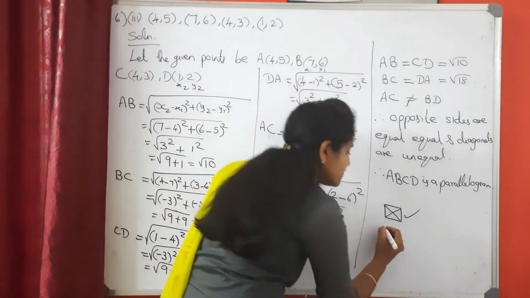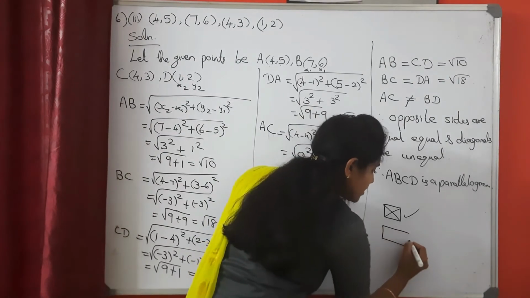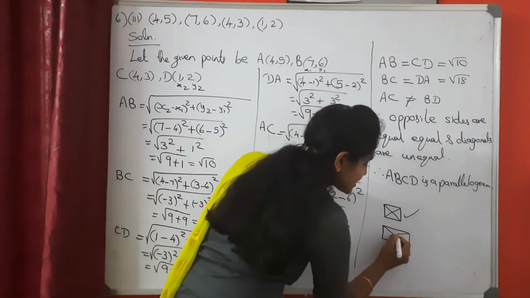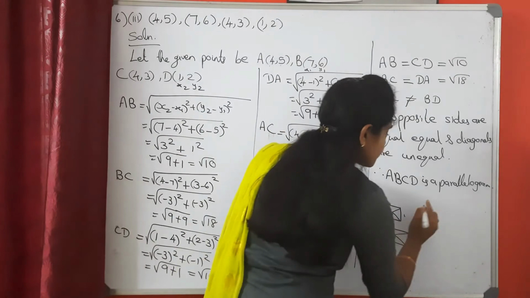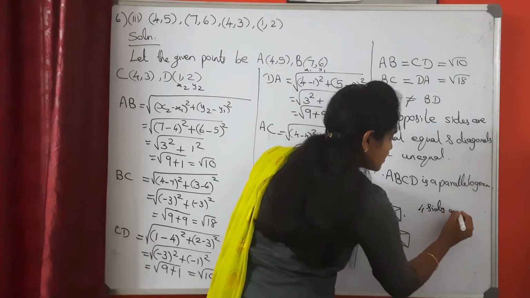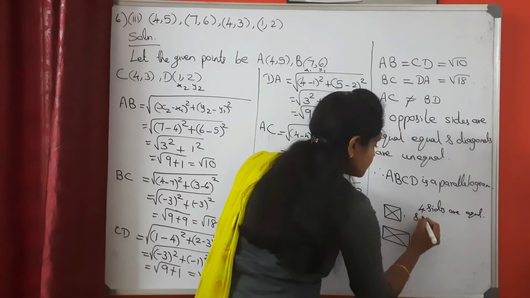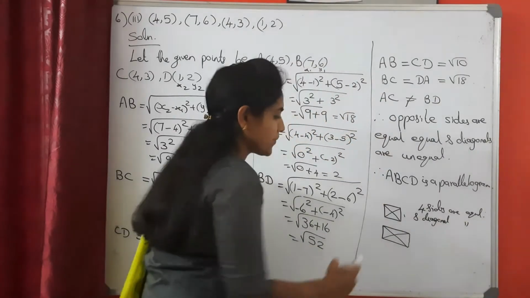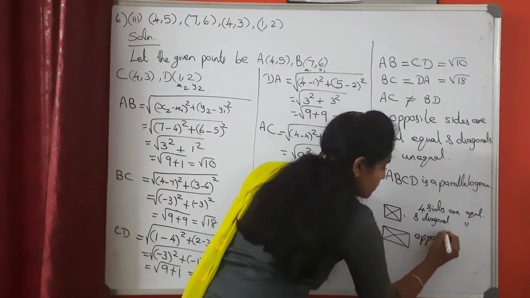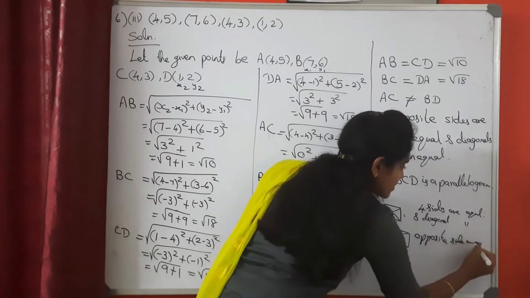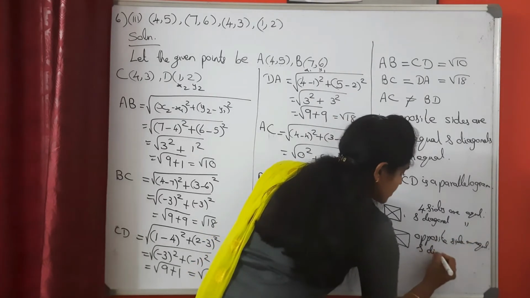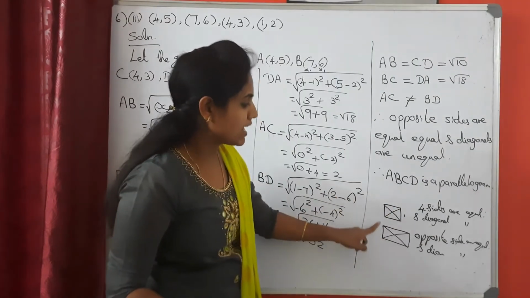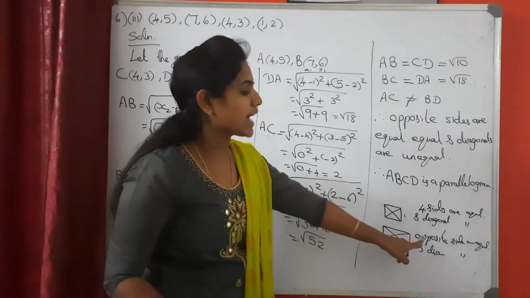Rectangle means opposite sides are equal and diagonals are also equal. So square means four sides are equal, diagonals are equal. And a rectangle means opposite sides are equal, diagonals also equal.